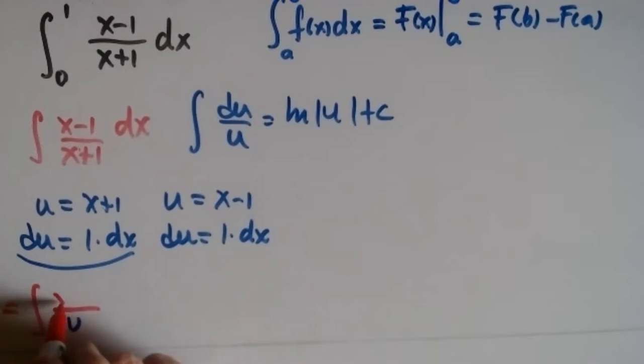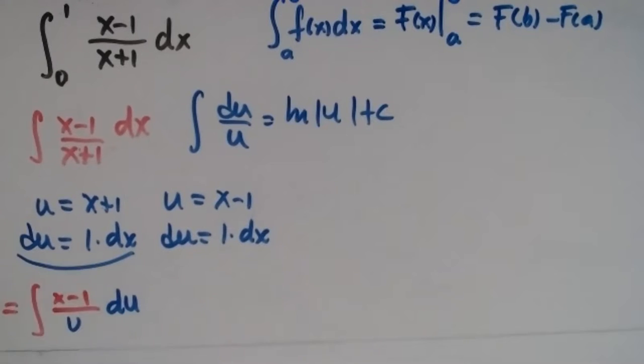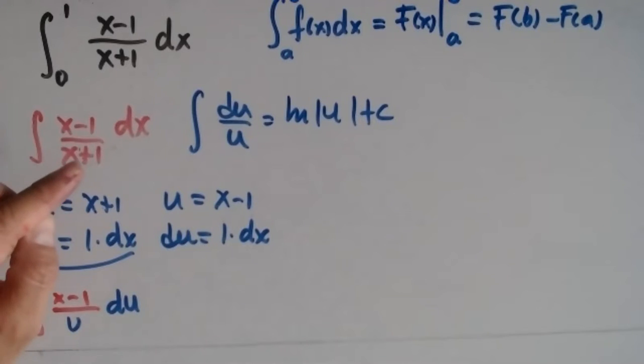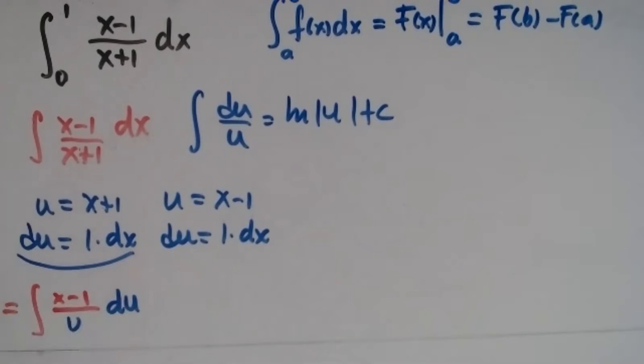This is x minus 1, and this is the u, correct? Now check the colors. For this integral in red, I'm using this substitution in blue. So the u is x plus 1, so I change this portion as u. And now I have to change x minus 1 in terms of u.